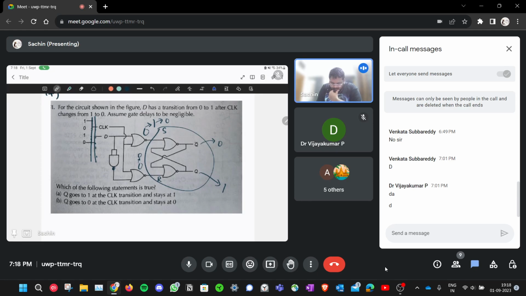Clock is low, D is high for the third part. Clock plus D is high, will go to 0. D bar is also low. So this will go to 1. So this is 0 1. So this should go to 0 and this should go to 1. It's not staying at any of the options. I'll see the other options if they are right.